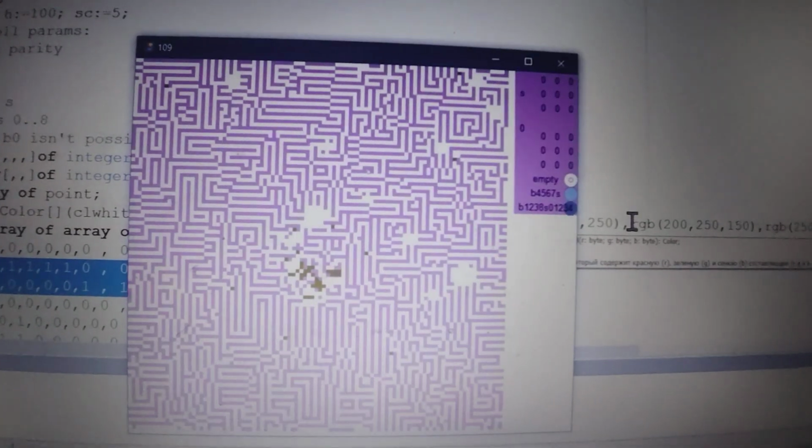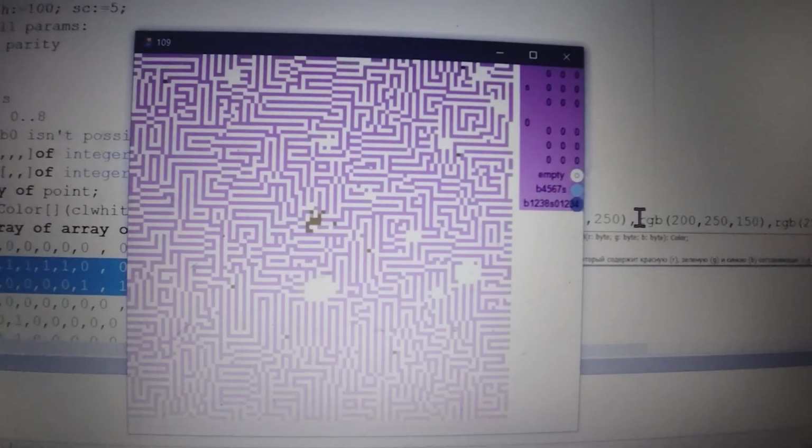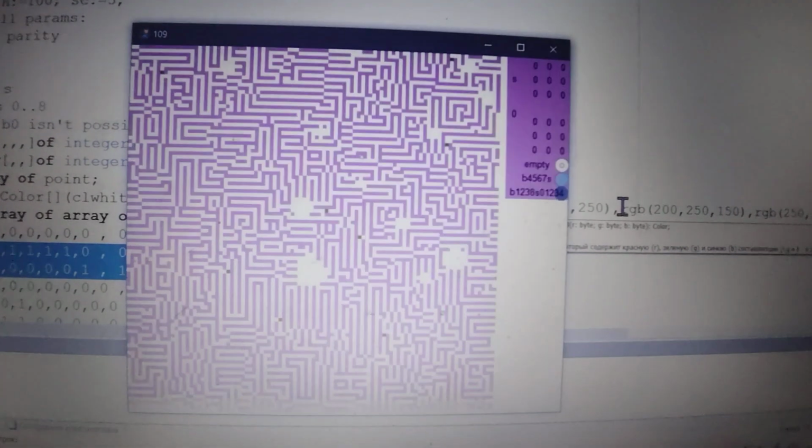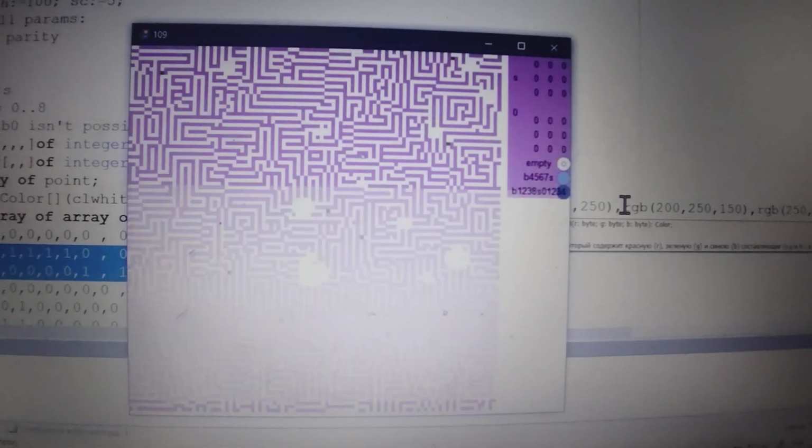I think this one here won't ever be distracted. Oh, I guess I know why. Because it's stabilized.